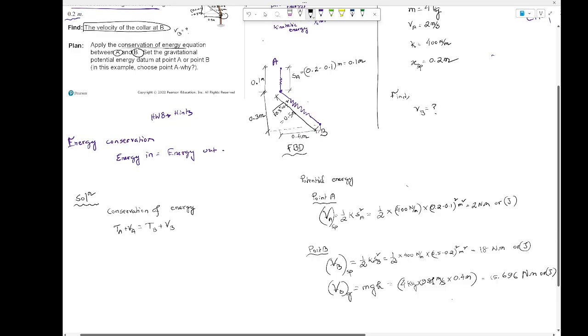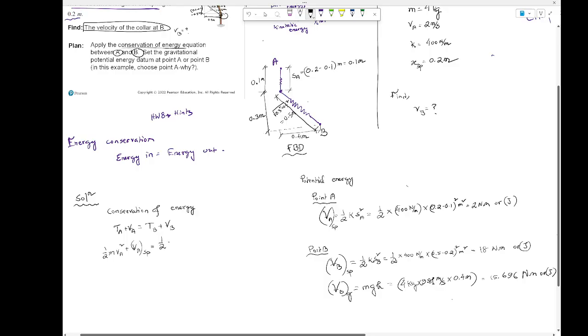Okay, now that you have everything, can you solve it? Yeah, you should. So you know that T is what, potential or kinetic? Kinetic energy, right? TA plus VA should be half of m vA squared plus, you know, you have the VA only the spring, right?